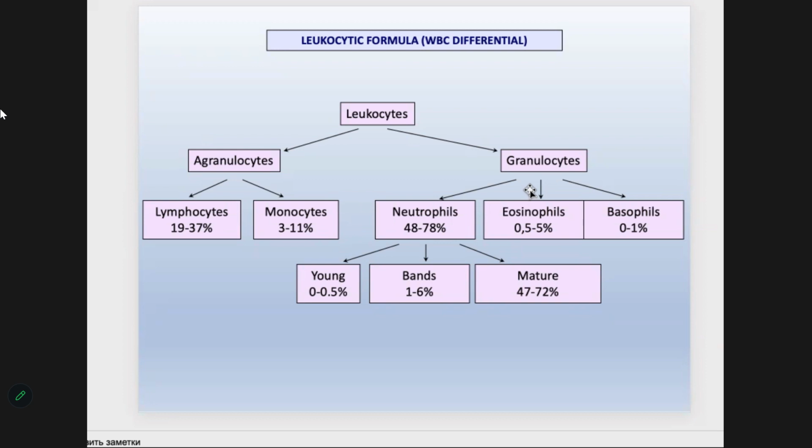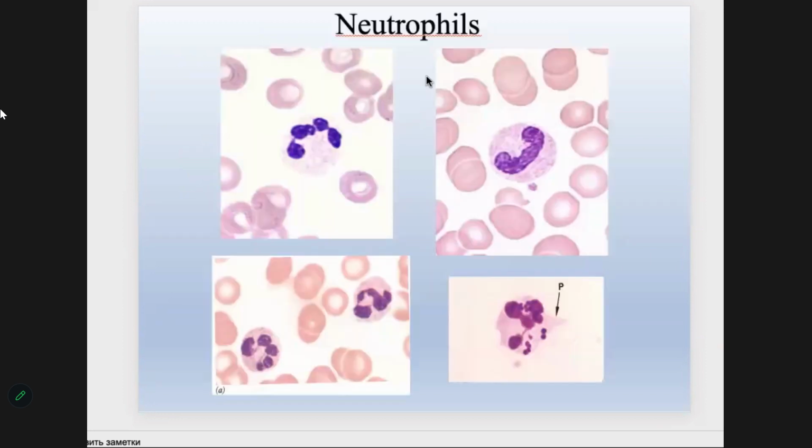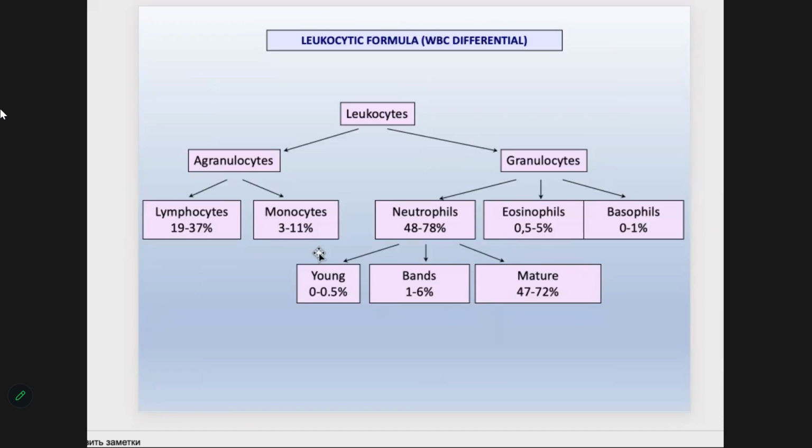And now we'll speak about the first type of granulocytes, named neutrophils. I repeat that neutrophils are subdivided according to their age into young, bands, and mature.